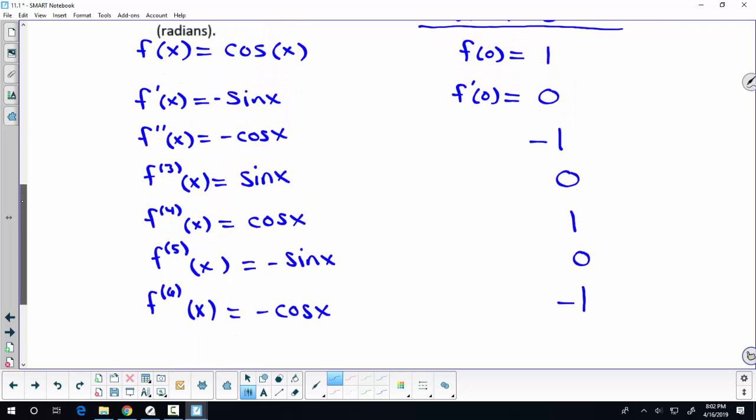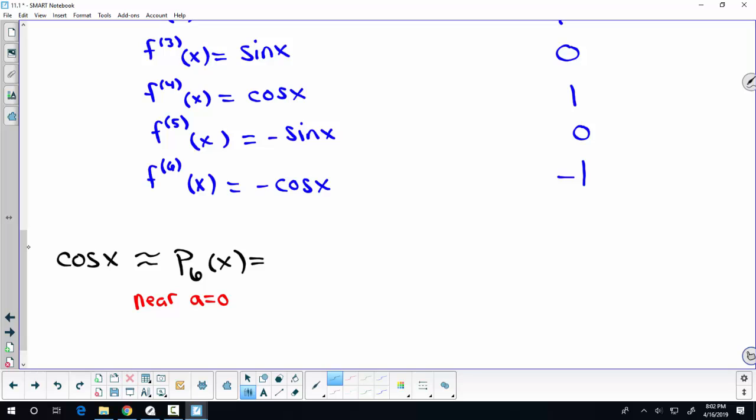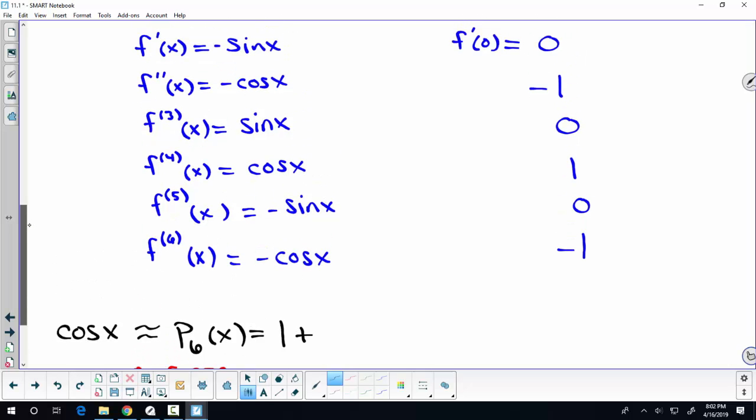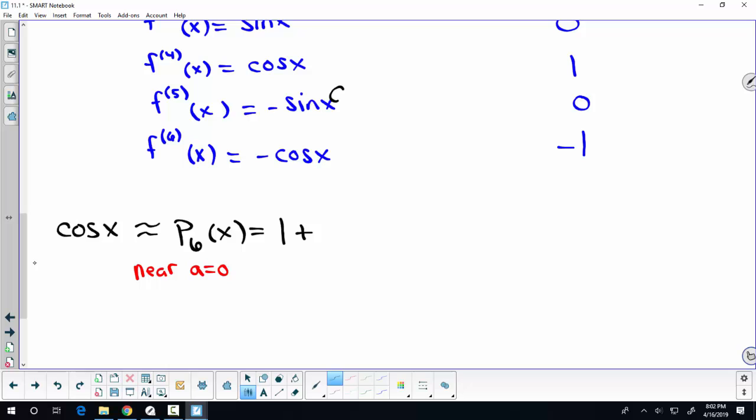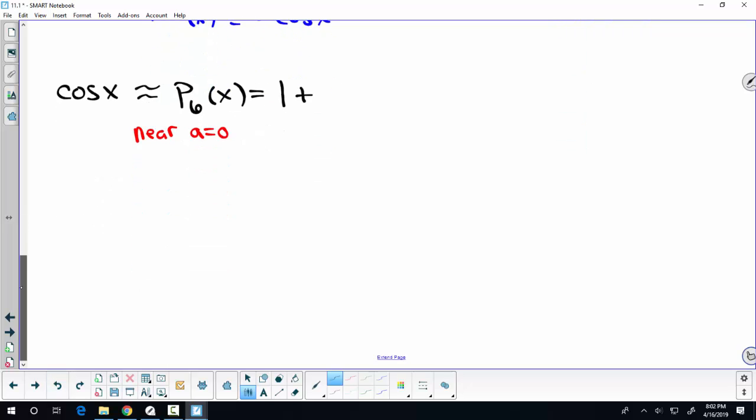So we have our function value 1 plus our first derivative. Let me just write this term here. First derivative evaluated at a times x minus a, again 0, to the first over 1 factorial.